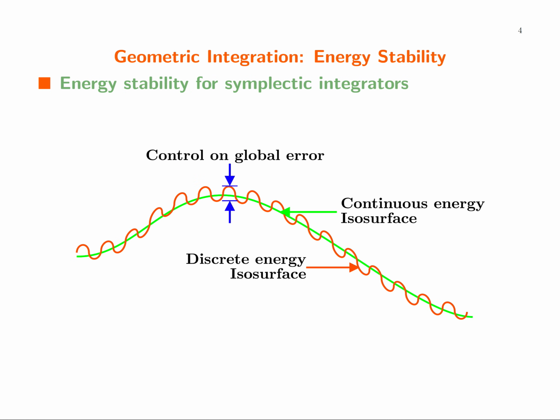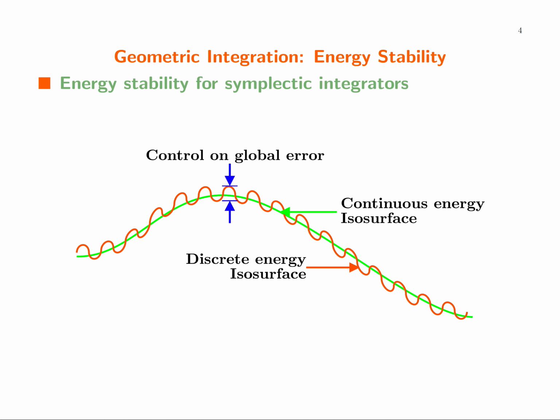So as an example, symplectic methods don't exactly preserve energy, but they preserve a modification of this. So if you imagine that the green line is the energy isosurface for the continuous energy which you care about, then what symplectic integrators preserve isn't that green line, but this perturbation, which is in orange.